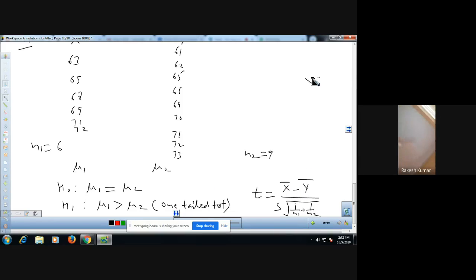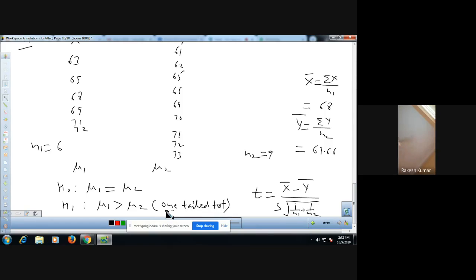X bar and y bar can easily be calculated: x bar is sigma x over n1, and it comes out to be 68, and y bar is sigma y over n2, and it comes out to be 67.66.